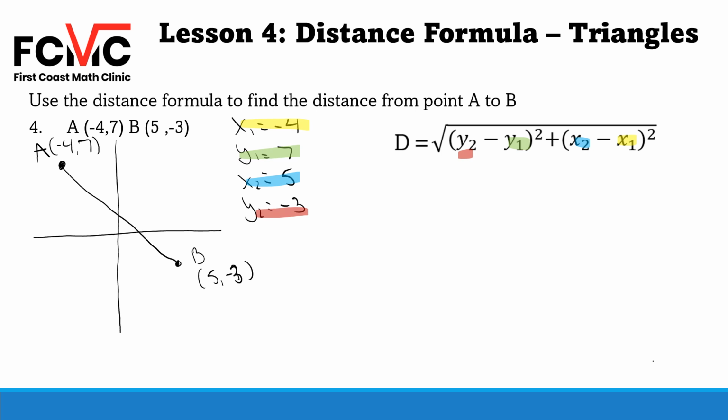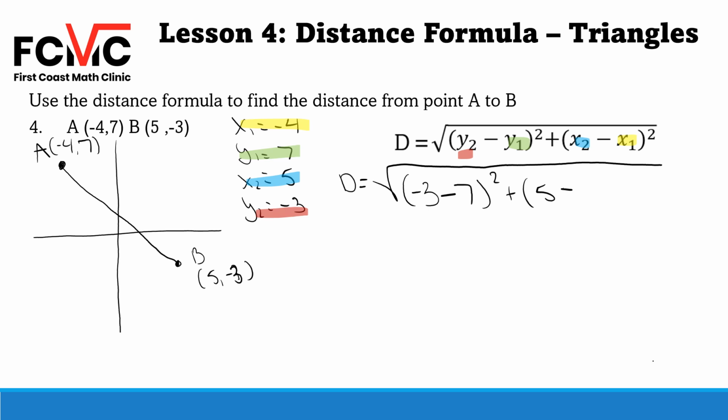So let's do our substitution. So we get D equals the square root, negative 3 minus 7 squared plus 5 minus negative 4 squared.